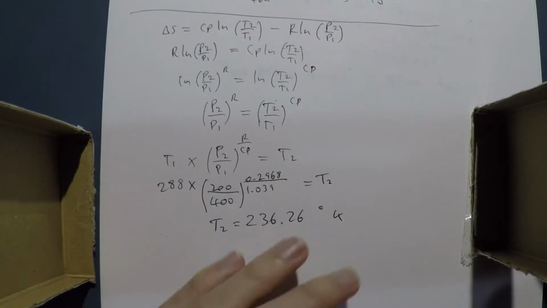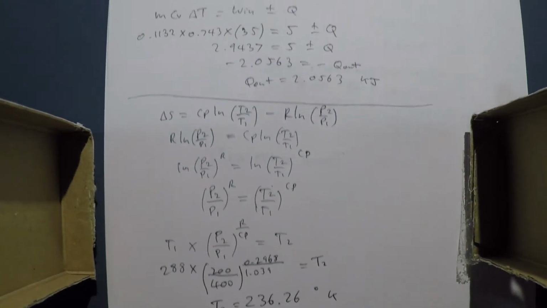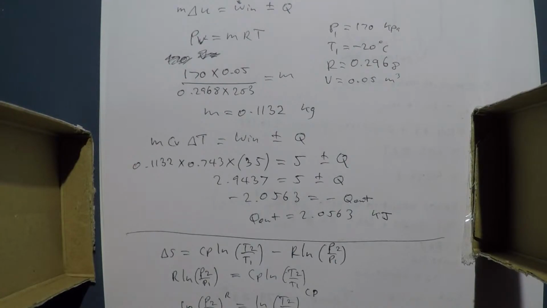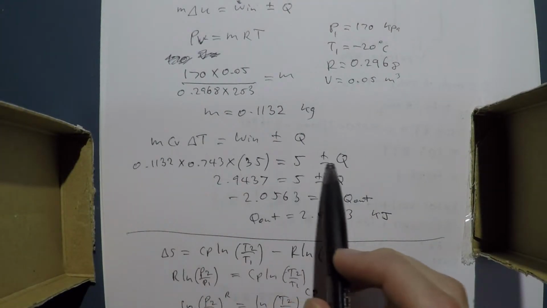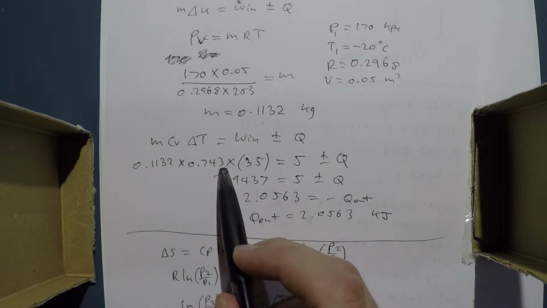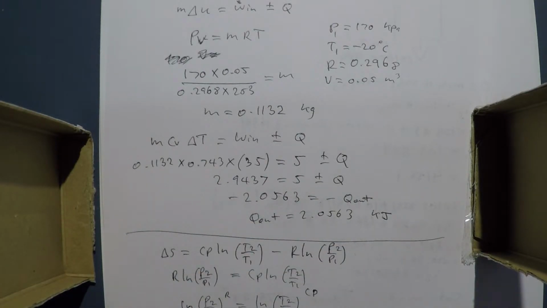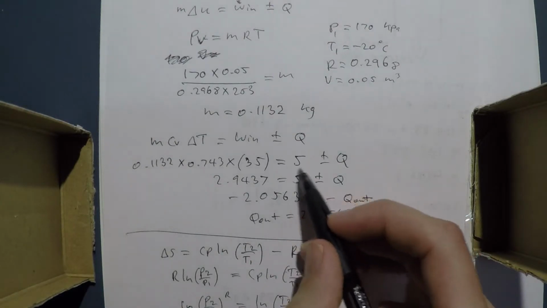Now since we have T2, we can go back to our original equation that we had up here. Since it's adiabatic, we can drop out the Q term, and we're trying to find the work.